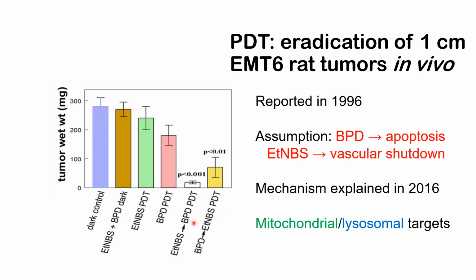So there was something about this procedure that required that the effect of ETNBS occur before the effect of BPD. But nonetheless, we see that we get a very profound effect with this combination, the effects of which were finally explained in the year 2016.